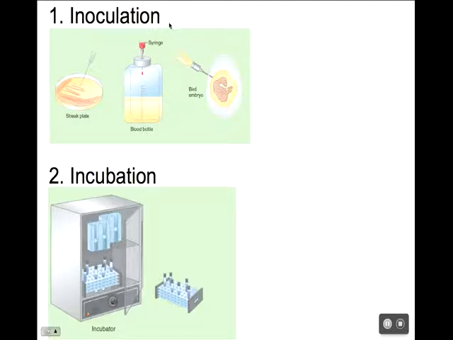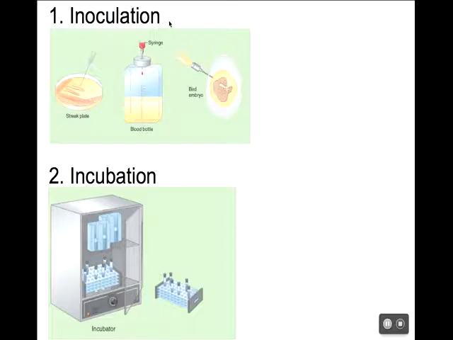Inoculation. When you inoculate something, you introduce a tiny sample into a container of medium so they can reproduce and grow. So you're putting a small amount into a new container of media so that organism can grow in that container. That's inoculating or inoculation.